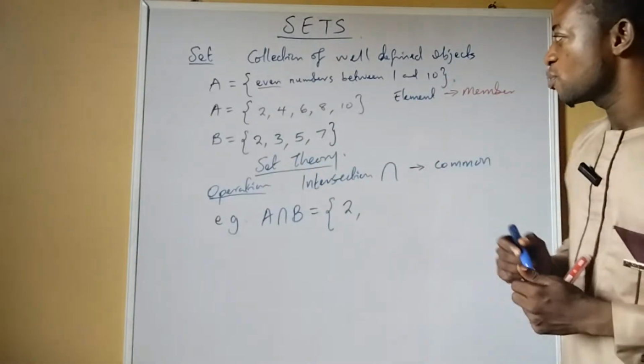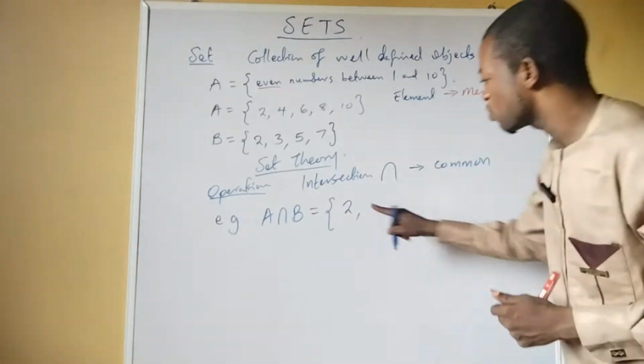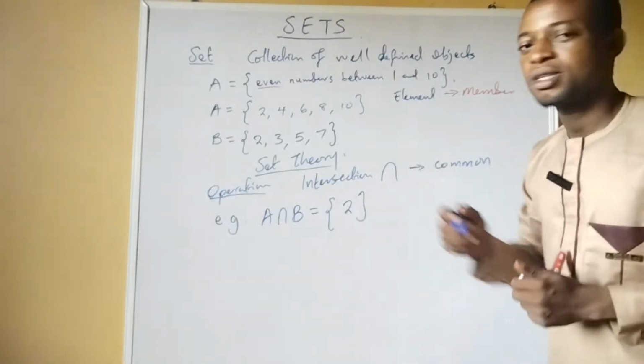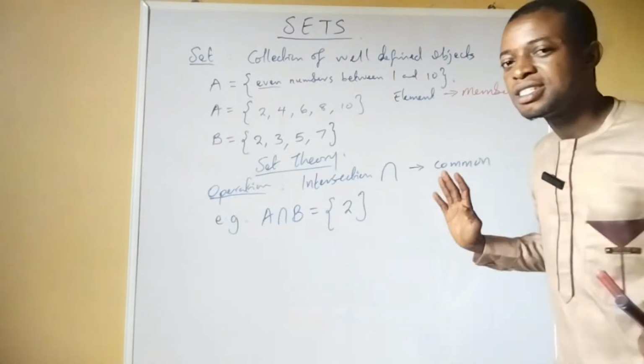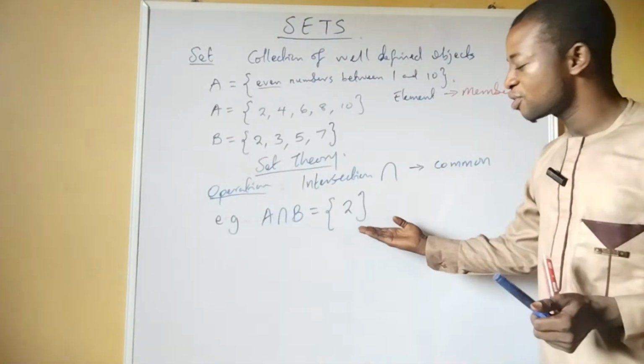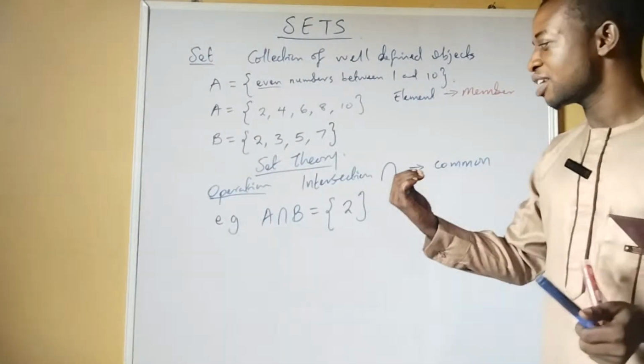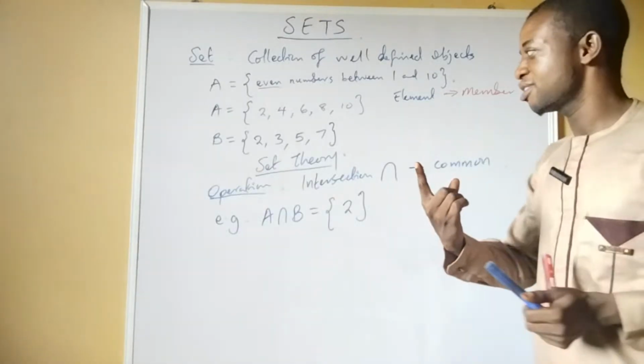That's the only thing common. So 2 is the only thing common between the even and the prime numbers from 1 to 10. And this is called a singleton set. It just has one element.